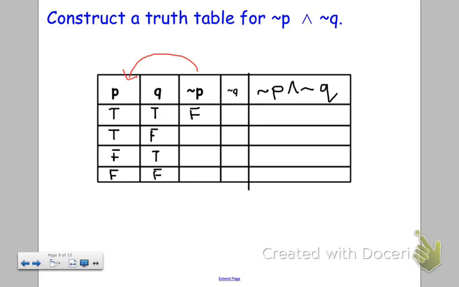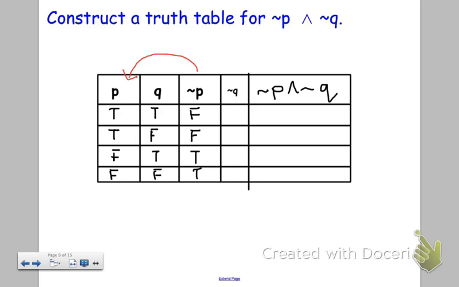The second row of P was also true, so not P will be false. The third row of P was false, so that third row of not P is going to be true. And that fourth row of P was false, so that fourth row of not P is going to be true. So my not P column reads false, false, true, true.